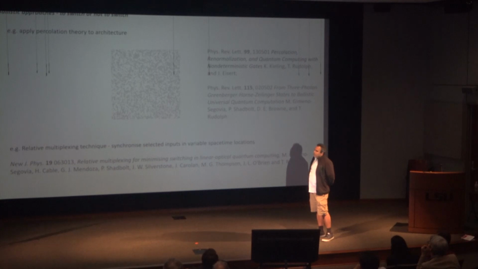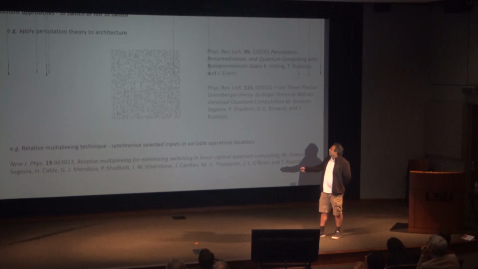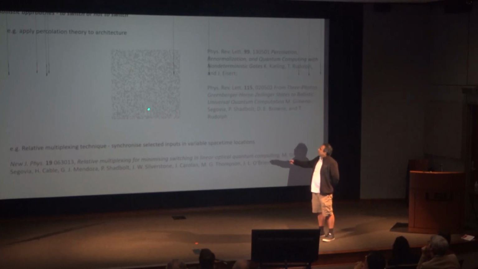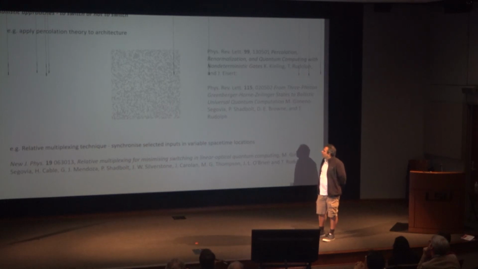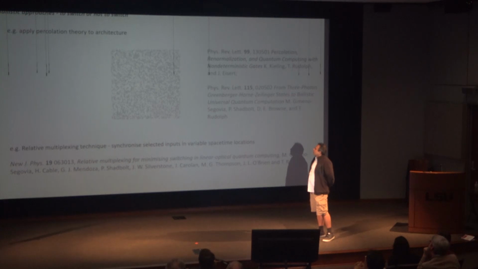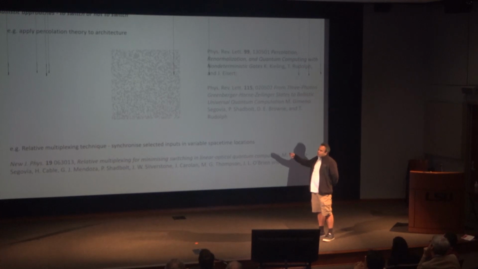I guess they would represent bipartite entanglement generation, and the vertices represent qubits. And the point is that when you generate a random graph like that, we know that it exhibits threshold behavior. So if the probability for creating edges is above a certain threshold, then we guarantee, with probability tending to 1, that we'll get a spanning path of entanglement somewhere across this grid.